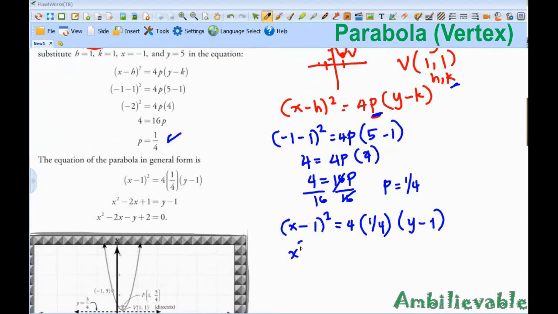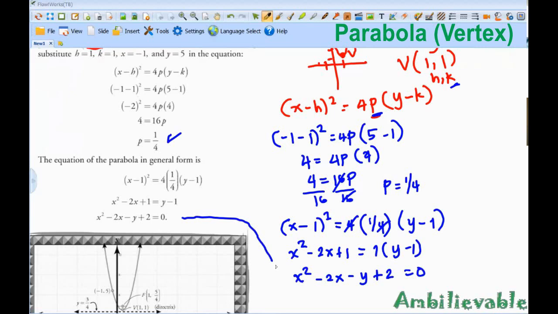It is x squared minus 2x plus 1 equals y minus 1. So therefore x squared minus 2x minus y plus 1 plus 1, so plus 2, equals 0. So x squared minus 2x minus y plus 2.